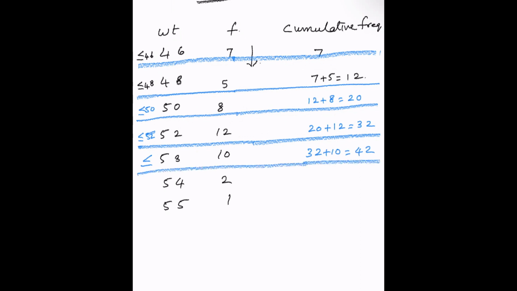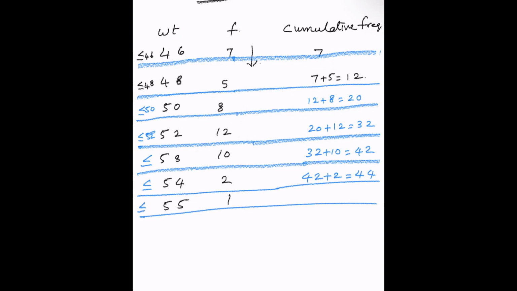Now, less than or equal to 54 kilograms: 42 plus 2, which is 44 children. Last one, less than or equal to 55 kilograms: 45 children. So this is how you calculate cumulative frequency.